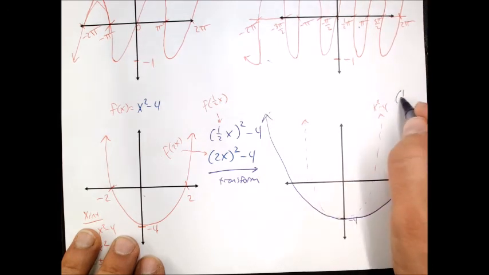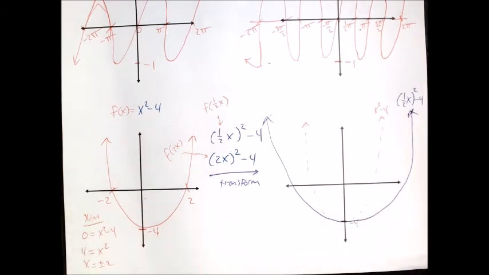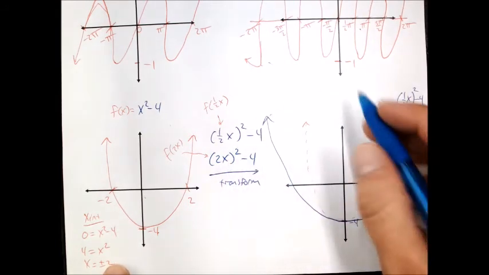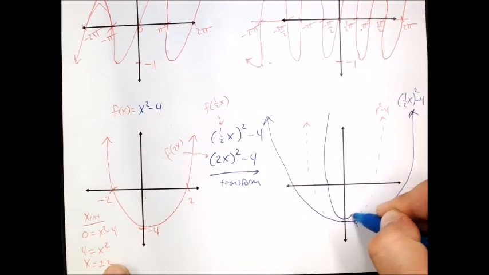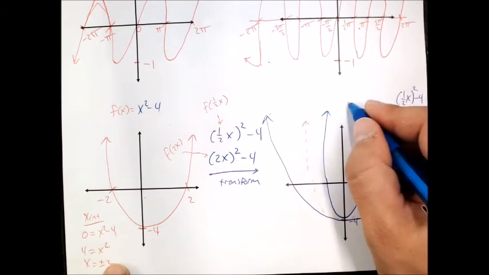So that's what 1/2 x squared minus 4 might look like. And then 2x squared minus 4 is going to be the same thing but shrunk, with the same y-intercept, except it's going to be inside there.